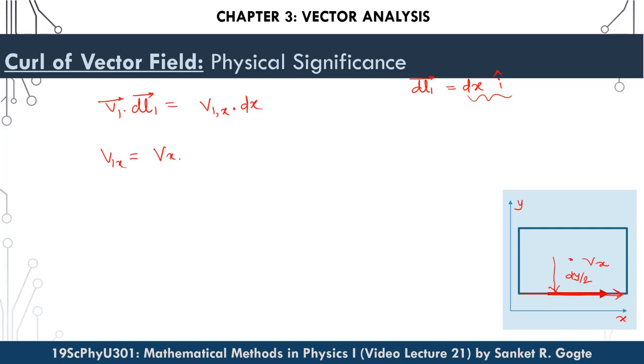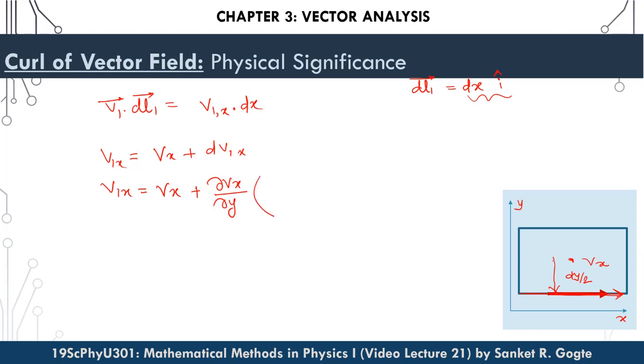and therefore v1x is equal to vx, which is the x component at the center, plus dv1x, where dv1x is the total difference that occurs in the x component of the vector when we move by that distance. Therefore v1x is equal to vx plus dou vx by dou y, the rate with which the x component changes when we move along y-axis, times the total change in y.